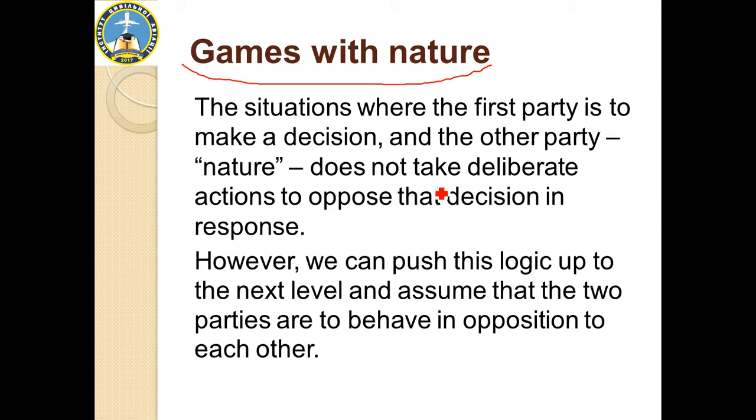For example, you consider bringing an umbrella with you, and you weigh up the odds of whether there will be rain or no rain. So the nature doesn't take deliberate action, it just turns out to be rain or no rain.